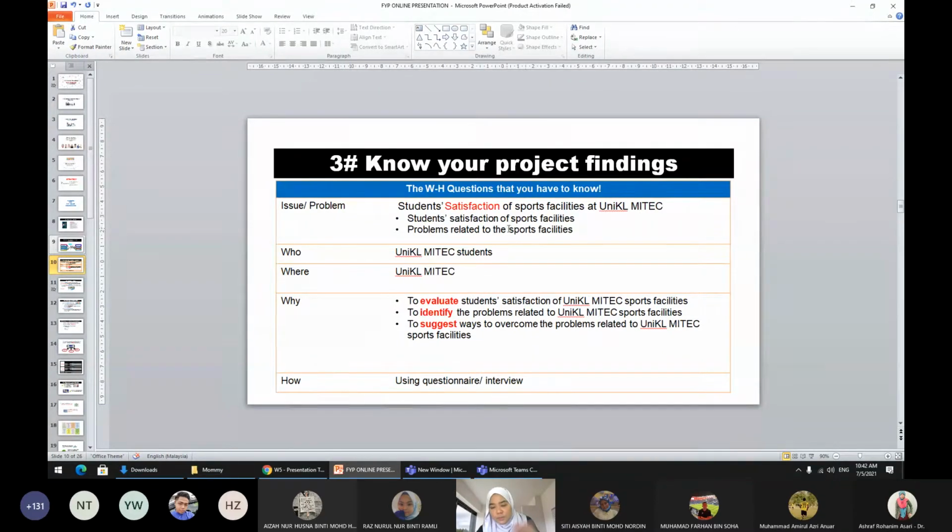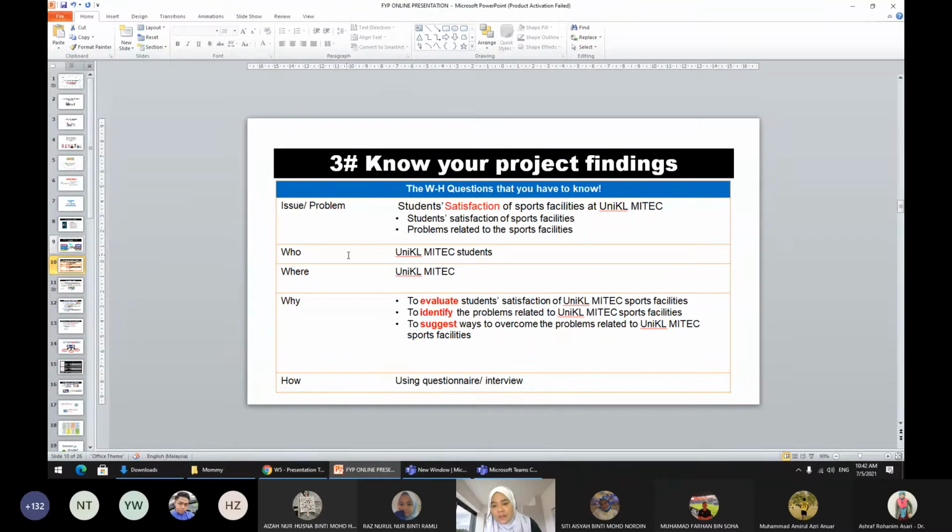So student satisfaction of sport facilities, for example, and the problems related to sport facilities. Why is the equipment not sufficient? Why don't people really do physical exercises at the sport facilities? Is the equipment good? Is the equipment well equipped? Is the equipment available to all students?